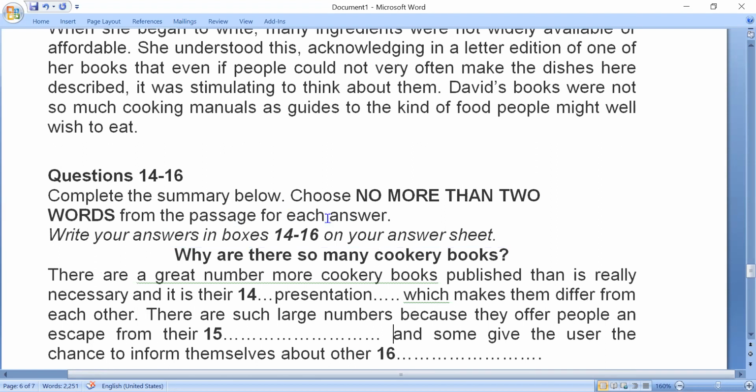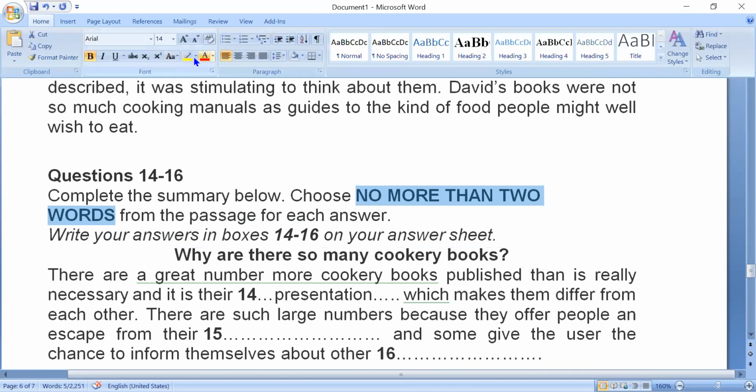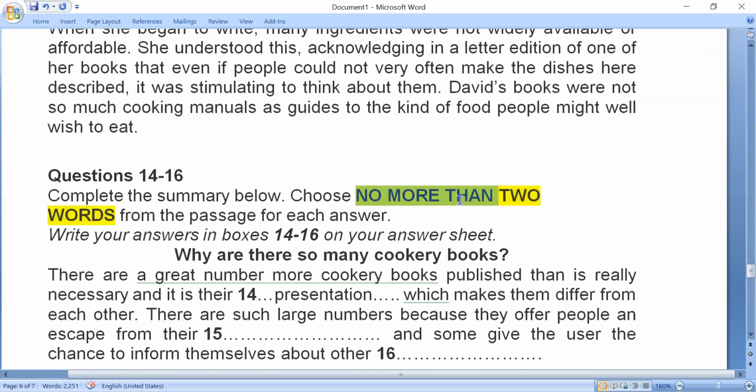No more than two words. I forgot to tell you that we have to notice this as well, because sometimes they'll write no more than one word and a number, or no more than three words.